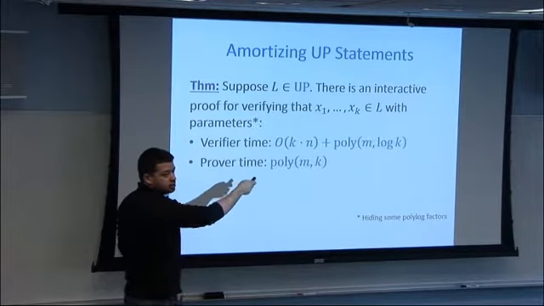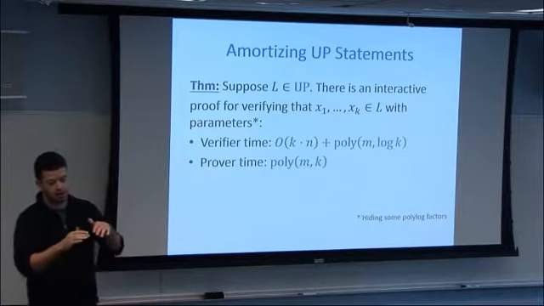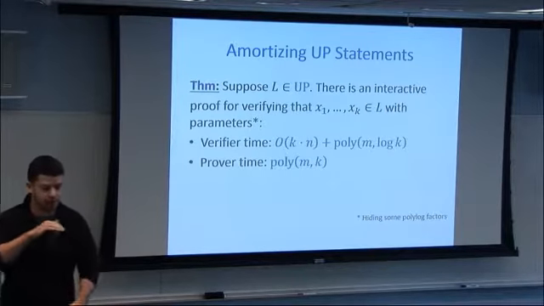So you need to distinguish between the case where x1 up to xk all have unique satisfying assignments, and the case where all of them have either none or one, but not all of them have one. So this extends to promise problems, as long as you're talking about the natural extended promise.